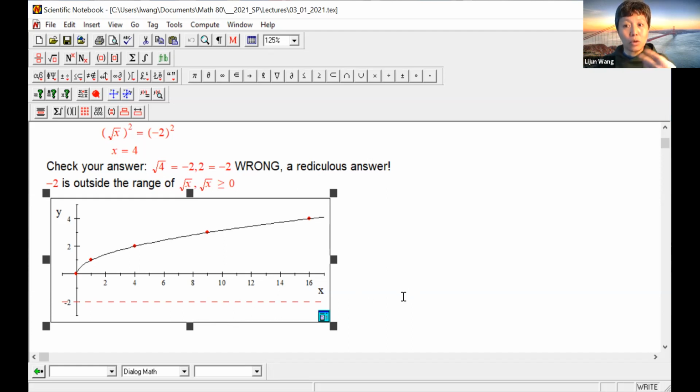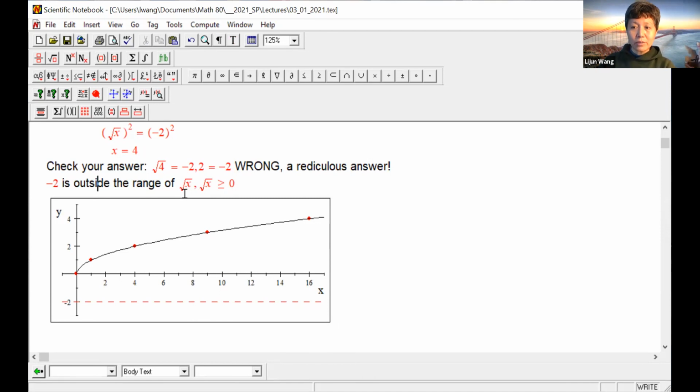You can see the domain and range we have done is very, very important to understand. -2 is outside the range. If it's outside the range, you'll never be able to touch it. If you have a rule, that rule determines domain and range.